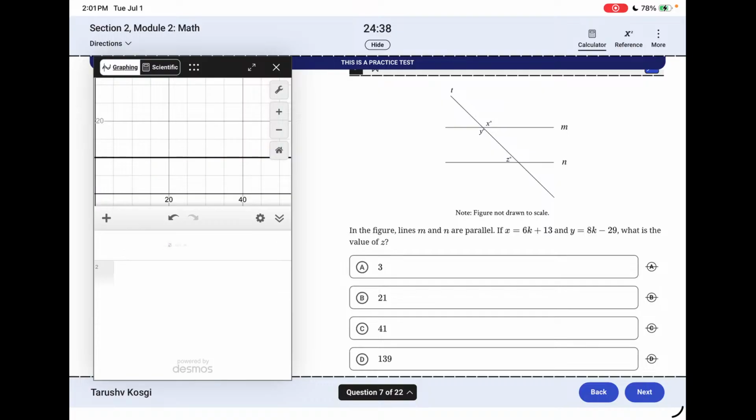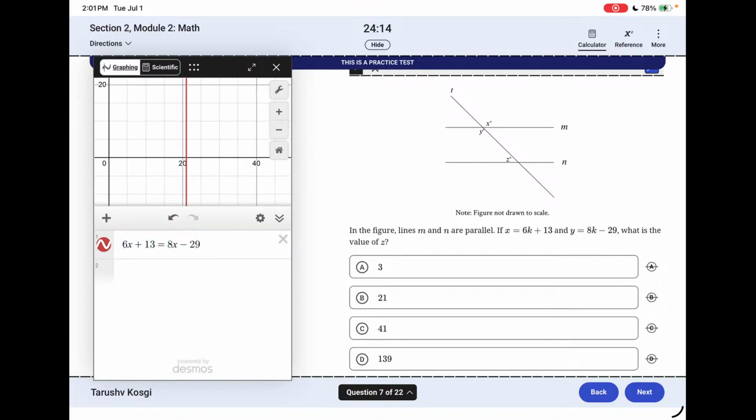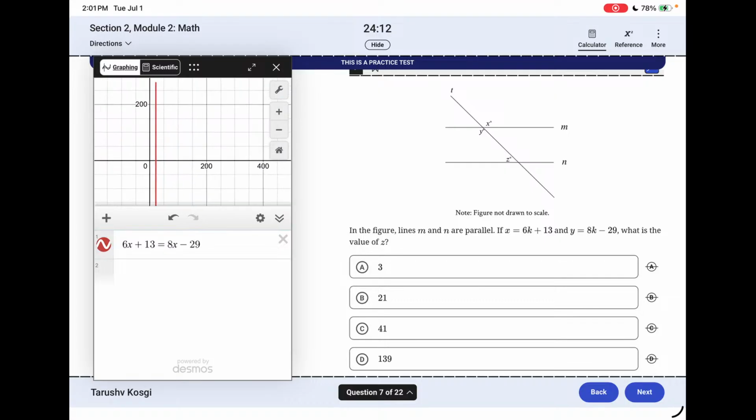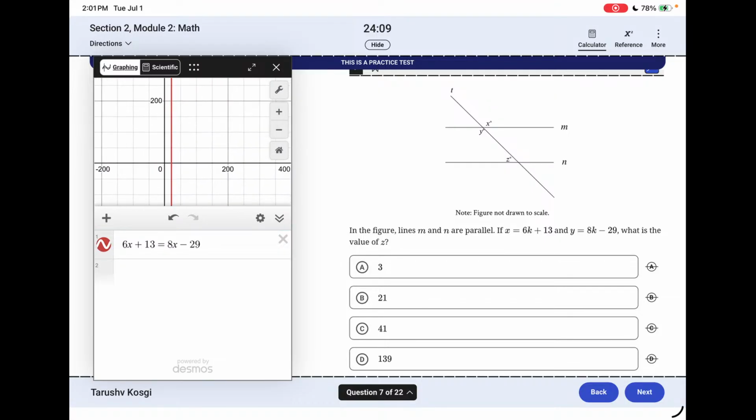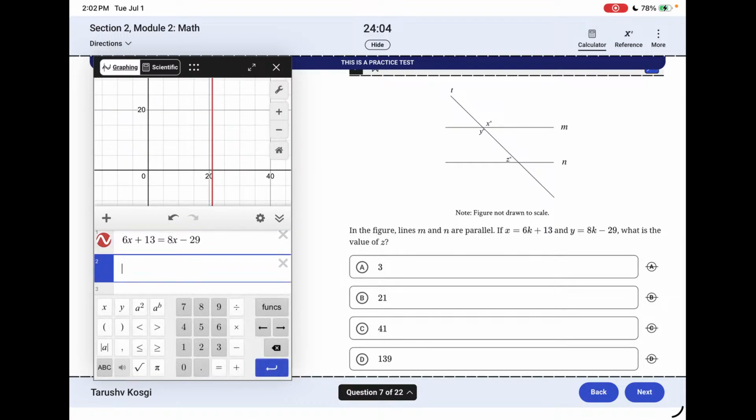So it would just be 6k plus 13 is equal to 8k minus 29. Okay, fine. Oh, wait, no, wait, yeah. Okay, so it's just one line. And then the value of z.